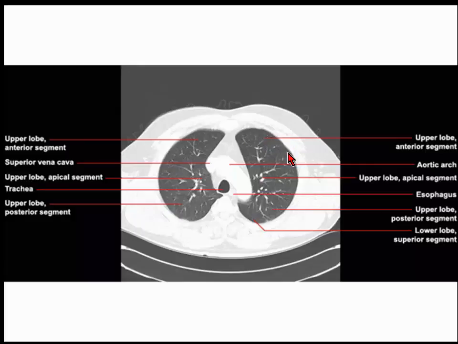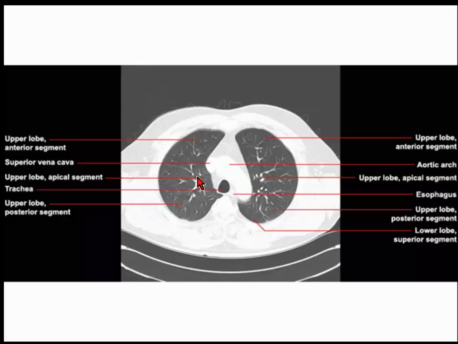So this is the anterior, this is the anterior, and this one here is the apical segment. As you go on top, this becomes the most apical part, and this also becomes the apical part. It's a bit strange when you're looking at the axial, you say why this one is not apical and this one is not anterior.